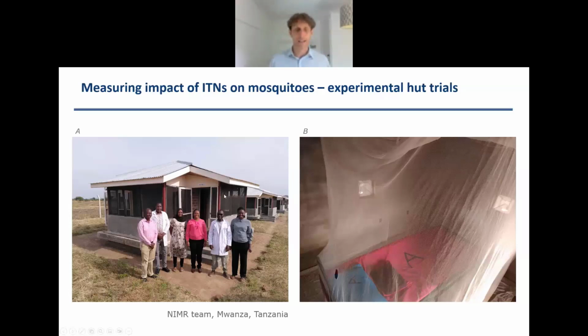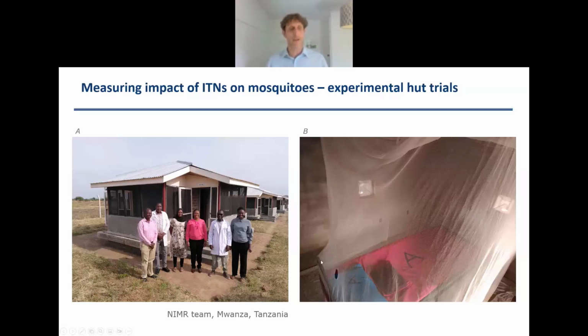And inside those houses, we have people sleeping under bed nets. We put the bed net that we want to test in that location. We put holes in the bed net, and mosquitoes free flying around this area will enter this house and try and bite people underneath these bed nets.